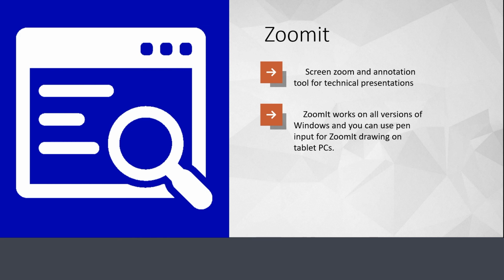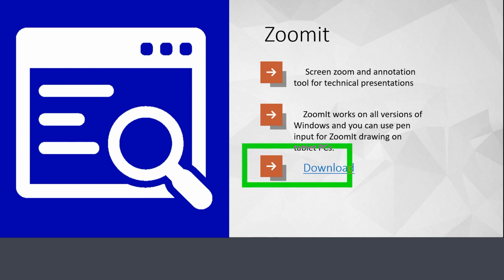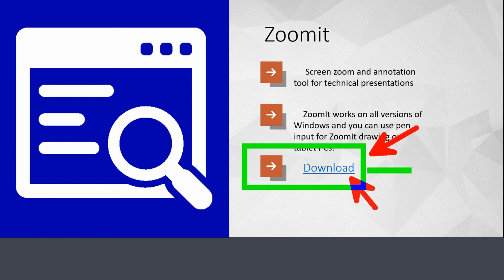I'll provide the download for ZoomIt in this PowerPoint slide as well. ZoomIt is a great tool that I like to use to annotate on my screen as opposed to Zoom annotation tools. This is what I've been using to create these boxes and these lines, as well as these different colors that produce arrows. I'll leave the link to that inside the PowerPoint slide that you find in the description of the video.